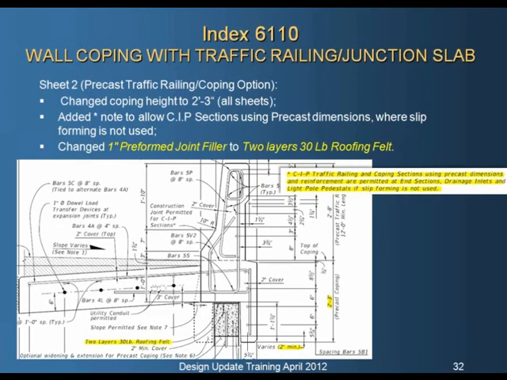The sheet 2, which details the precast traffic railing and coping, was updated. This 2'3" coping height that I mentioned earlier is really to accommodate MSE wall panels on a slope where you have the potential for stepping different panel heights, and at the industry request, the number of panels and the number of custom panels that would need to be fabricated was deemed excessive.